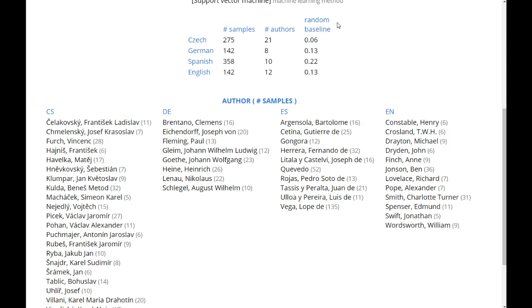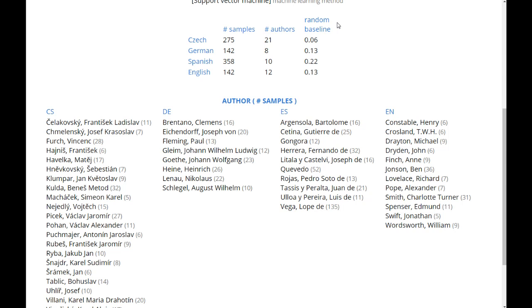It basically means if we were doing this attribution by chance, we would simply attribute a first author that would be picked randomly. What would be the most probable success rate?